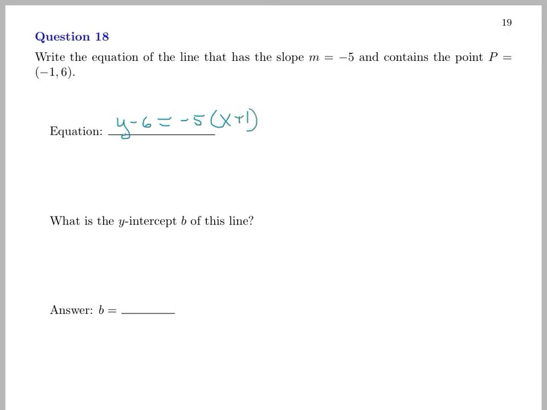So that's fine for the equation, but now I want to find the y-intercept, so I have to write it in the form y equals mx plus b. So that means y equals minus 5x plus 1 plus 6, which is minus 5x minus 5 plus 6, or minus 5x plus 1, and the y-intercept then must be 1.